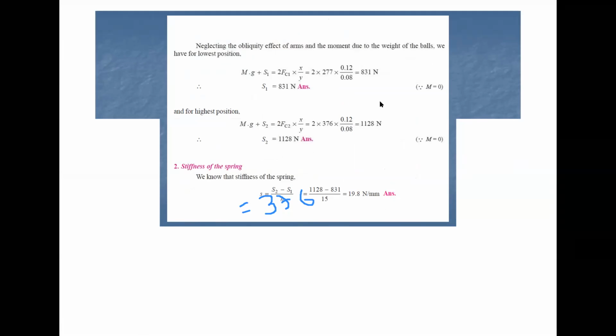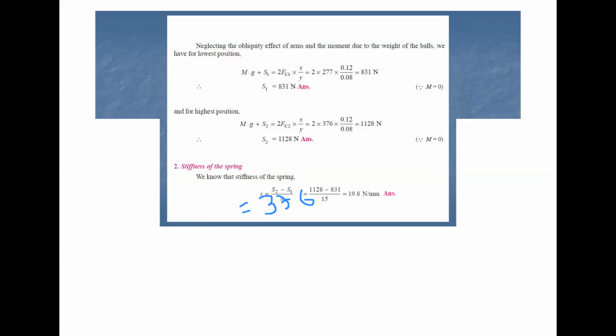Now, neglecting the obliquity effect of arms and the moment due to the weight of the balls, for the lowest position, the arms and levers masses are also neglected.